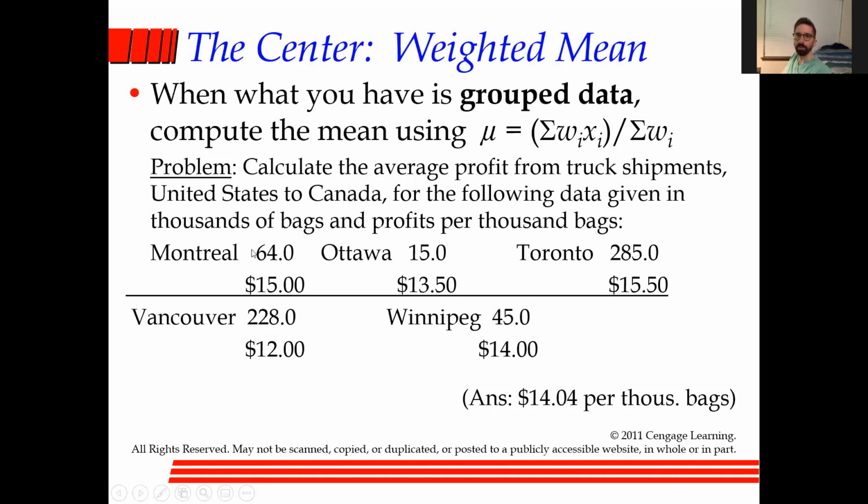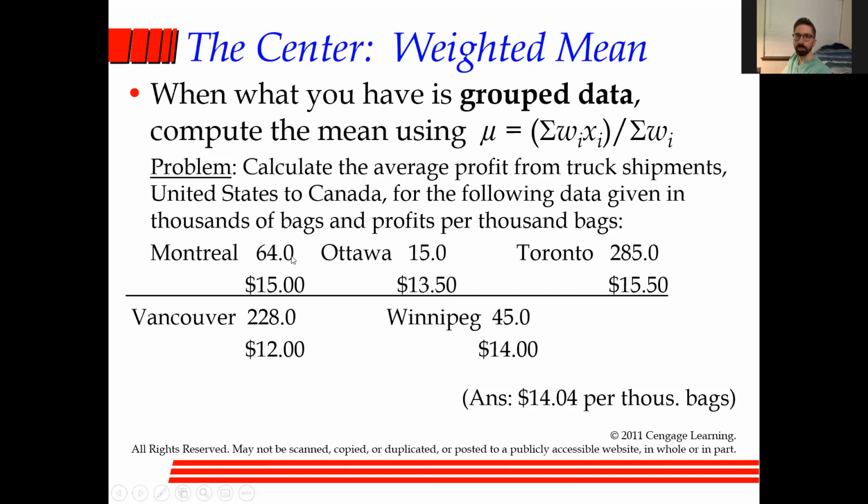So you're multiplying these two numbers, the weight being 64, 15, 285, 228, and 45. Those are the weights. So you multiply the weight times the dollar amount, which is X in this formula. So you multiply these two numbers, these two numbers, these two numbers, these two numbers, and these two numbers. And then you add up the weights for the denominator.